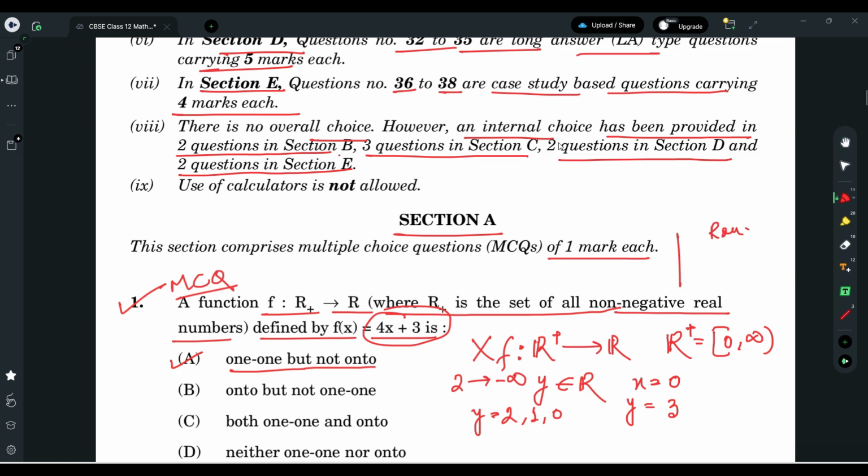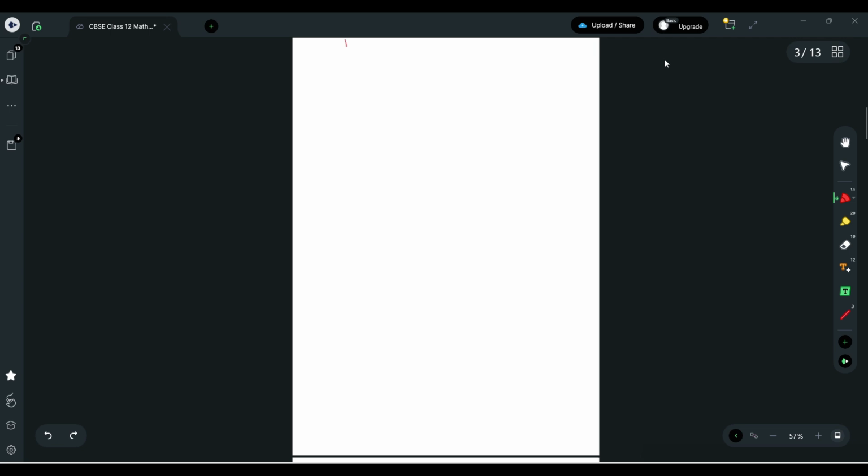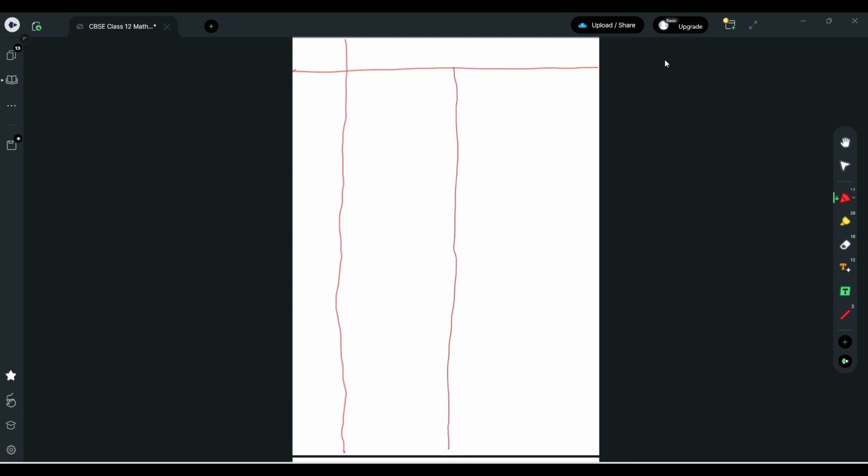Because these are all MCQ type questions, you can calculate this in a rough page and write the answers only like this. Let us take an example. This is the page and you can draw a margin here like this, and now you can draw another line like this. This is small and this is a little bit lengthy.